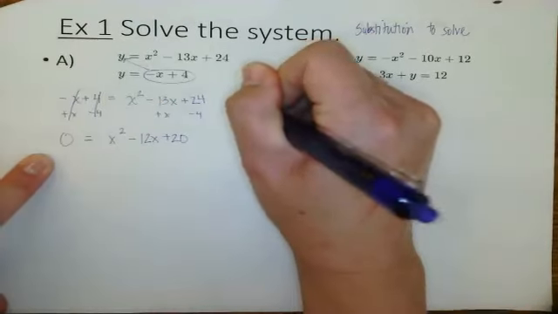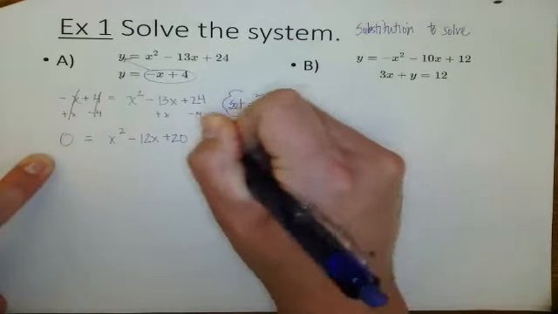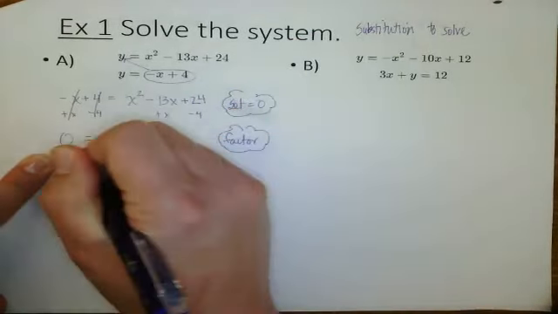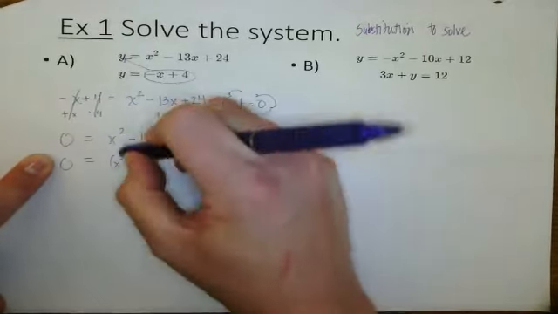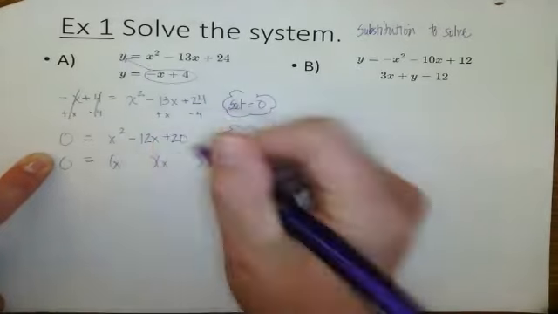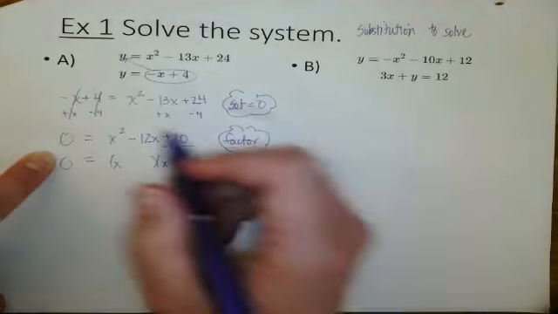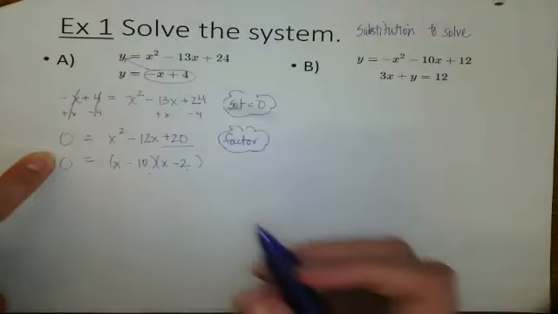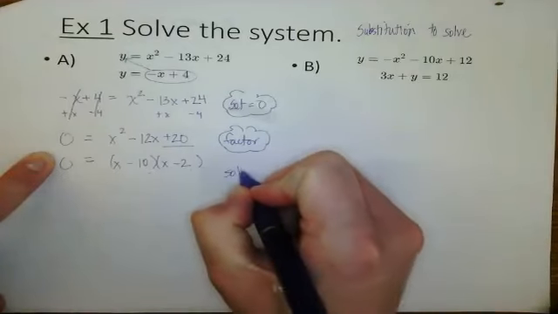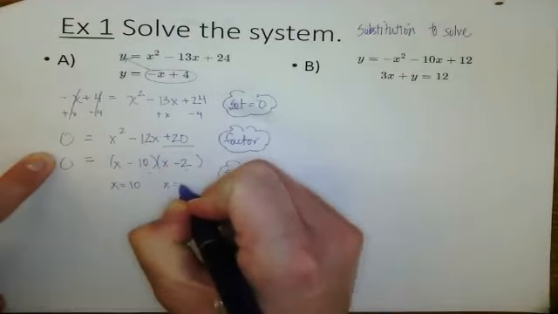So set equal to 0, factor, and solve. And so, let's see, x times x is x squared. What times what is positive 20? 10 and 2. Look at that. All right, so negative 10 and negative 2 give us that negative 12. And then we can solve by solving for x. We get x equals 10 and x equals 2.